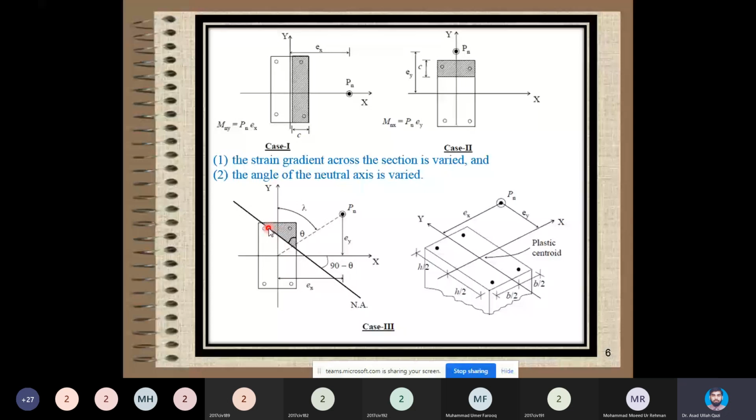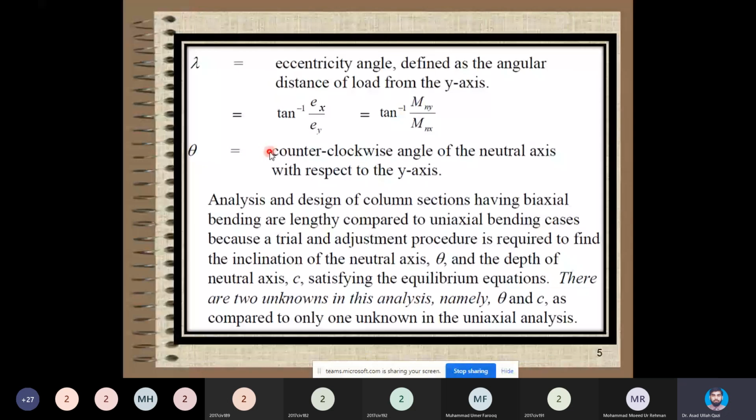If this counterclockwise angle at the moment is, suppose, 30 degrees, when it gets to 90 degrees, lambda will get to 0 degrees. But you can't say that if this is 30 degrees, this will be 70 degrees, and my neutral axis will be normal to the PN line. It will not be the case. It may be close, but not always perpendicular to the dotted line. So this is one thing, theta and lambda, important for our problem.